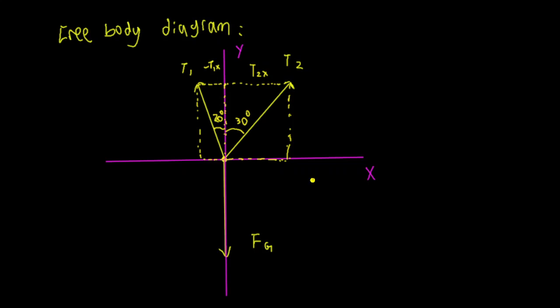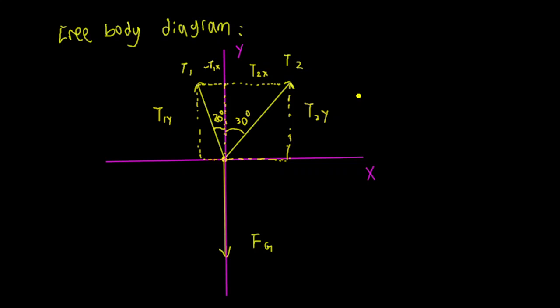But how about the y component for both tensions here? Well, they both are in the positive y-axis. So you can write this as T1y, the y component, and this one is T2y, because they're all in the positive direction of the y-axis.